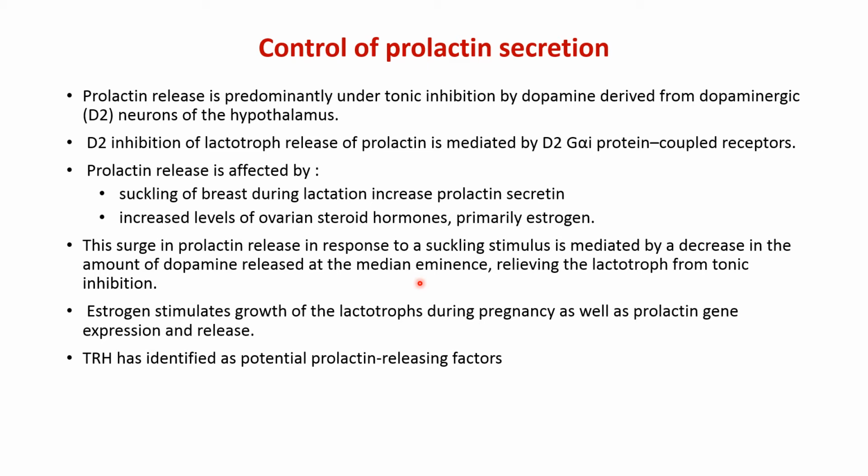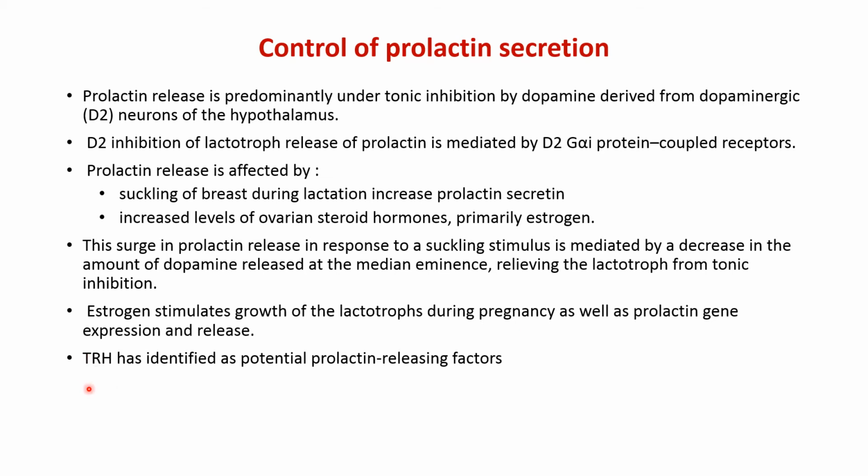So inhibition of the inhibition will lead to excitation. We talked about this. Estrogen stimulates growth during pregnancy, as well as prolactin gene expression and release. And remember, apparently it upregulates the prolactin receptor during pregnancy.